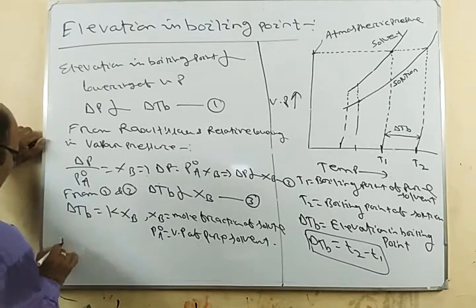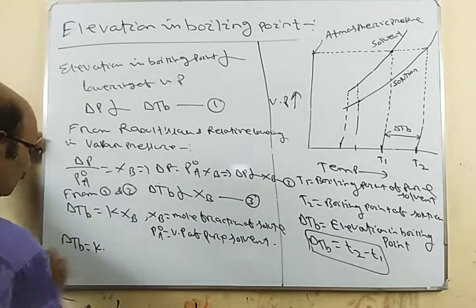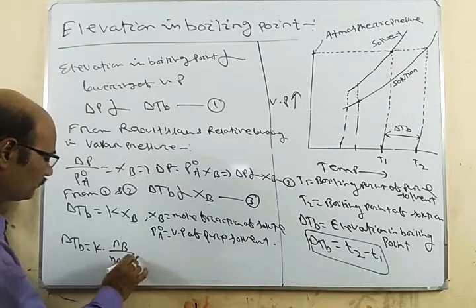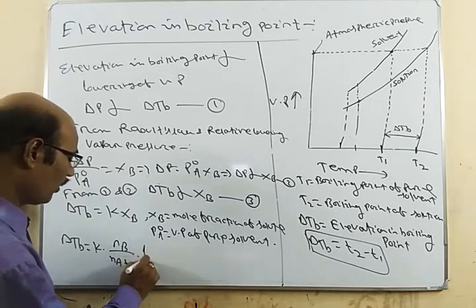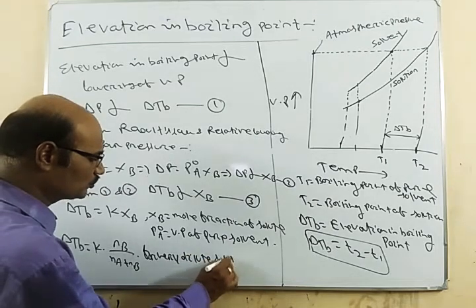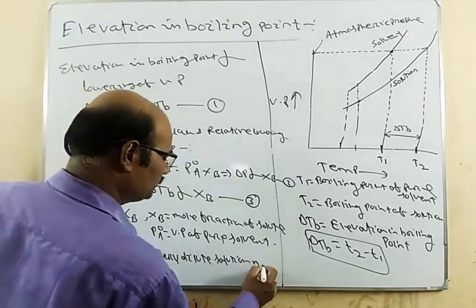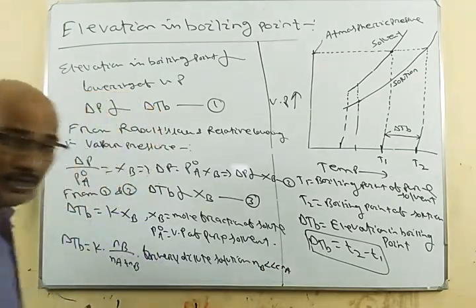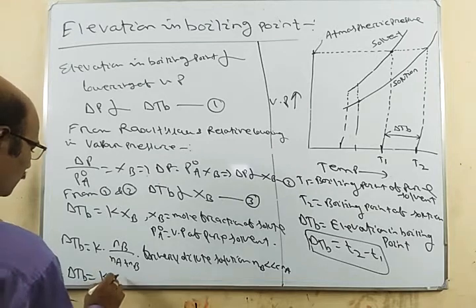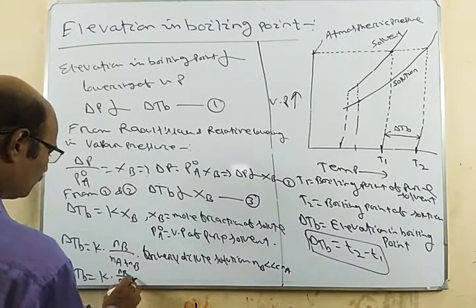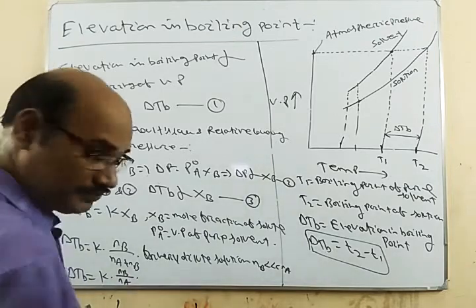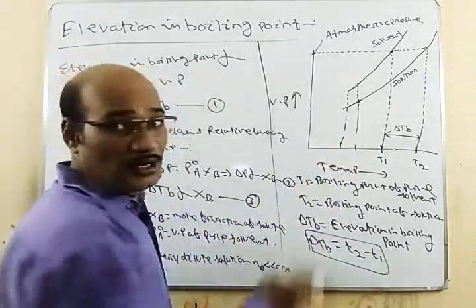Now you can write delta TB equal to K into NB by NA plus NB. For a very dilute solution, NB is very much less than NA. Therefore delta TB equals K into NB by NA. So the graph is already understood.